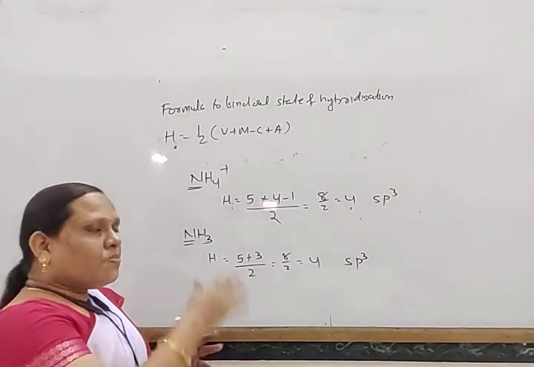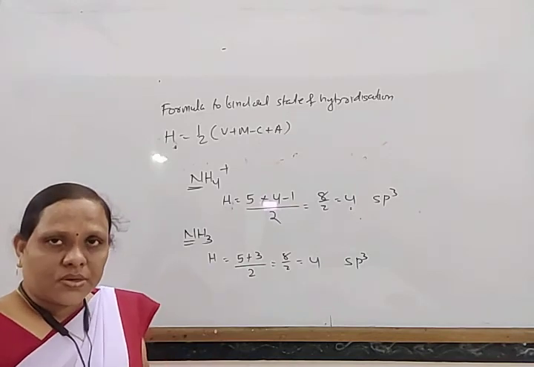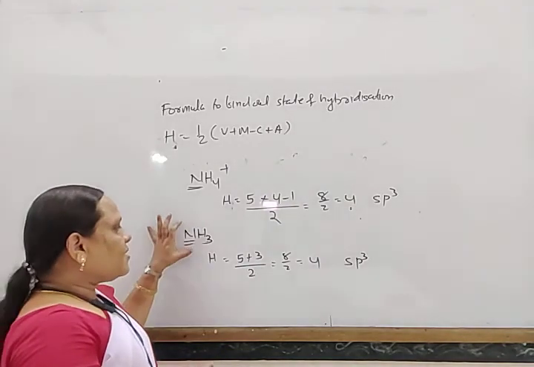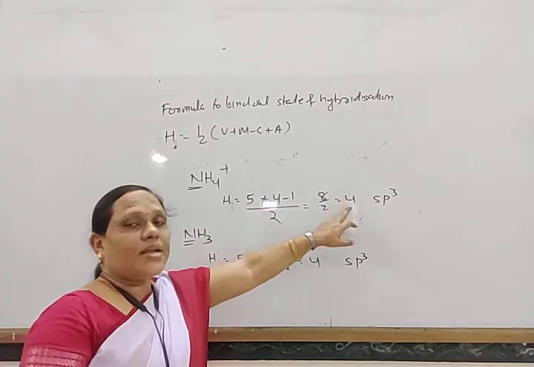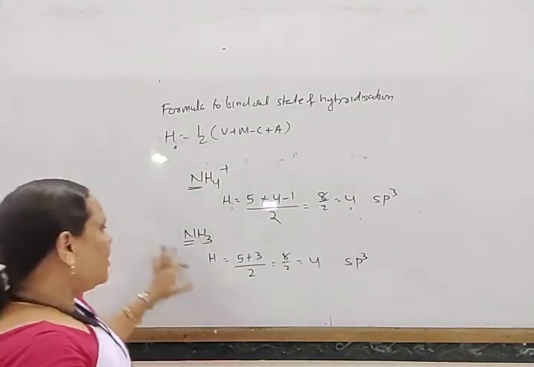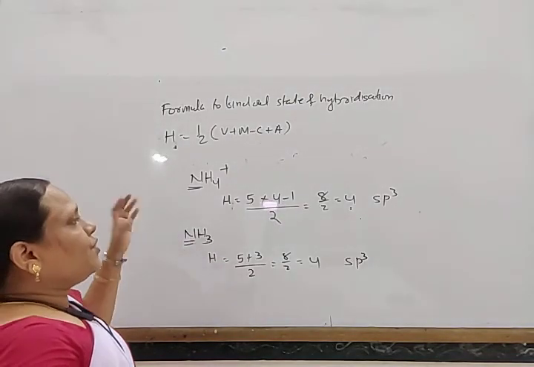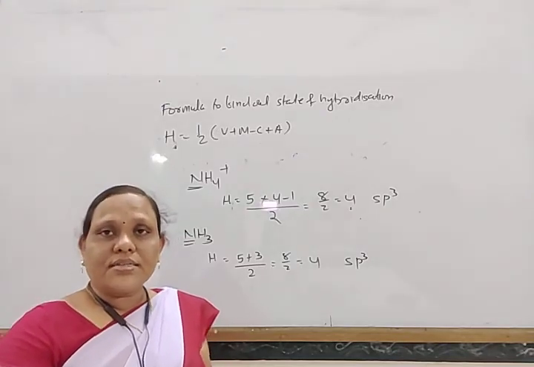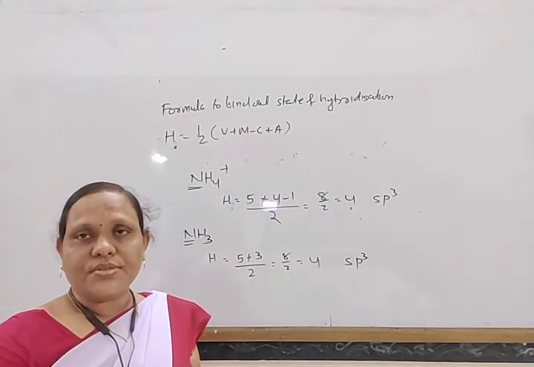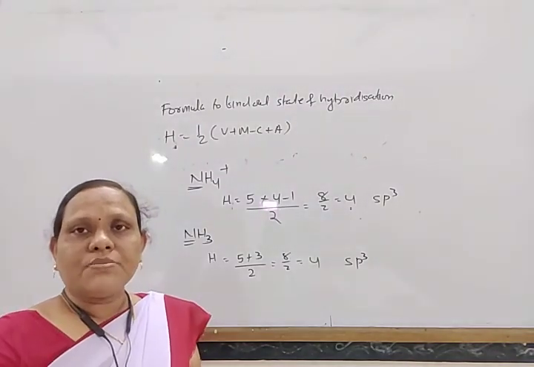As it contains a lone pair, and lone pair-bond pair repulsion is greater than bond pair-bond pair repulsion, the regular tetrahedral geometry is distorted and it becomes pyramidal in shape. So in this way you find out the state of hybridization and determine the shape of molecules. So for today up to this, next we will discuss some other portion.